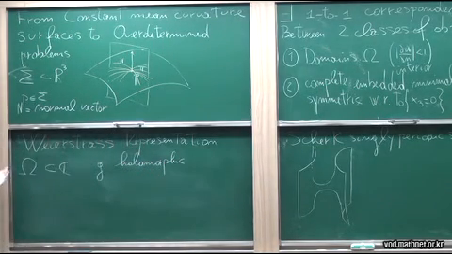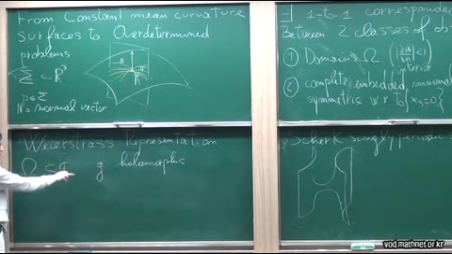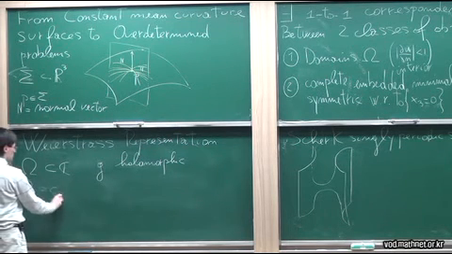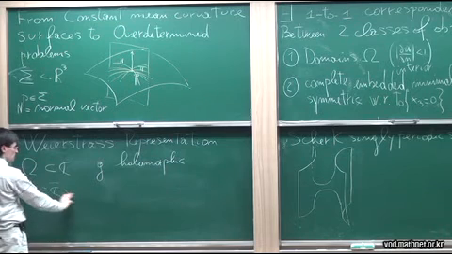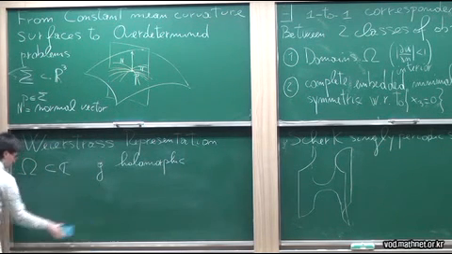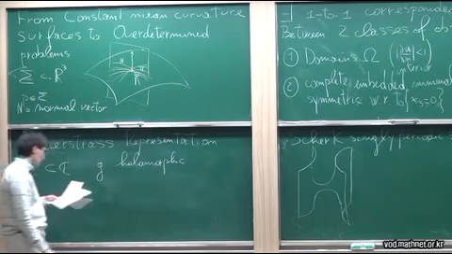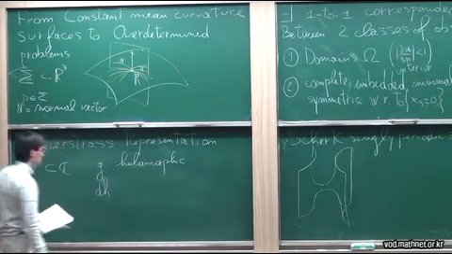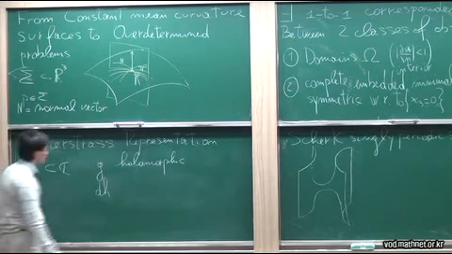We suppose omega bounded to avoid any problems, but what I'm going to say can work also if omega is C-bar minus a finite number of points. Holomorphic, and a differential form holomorphic.